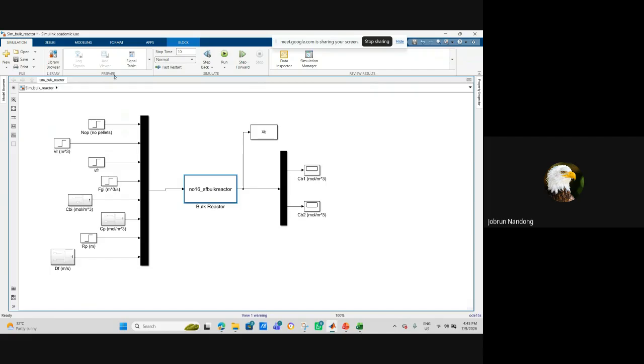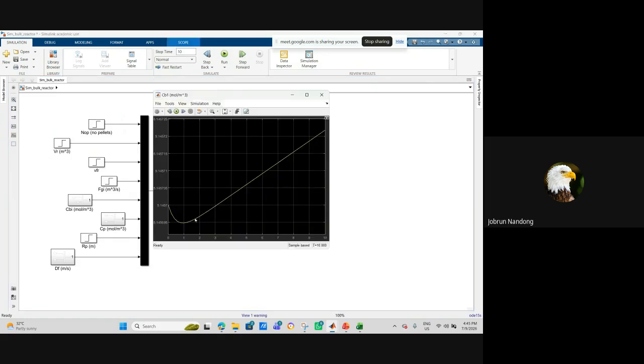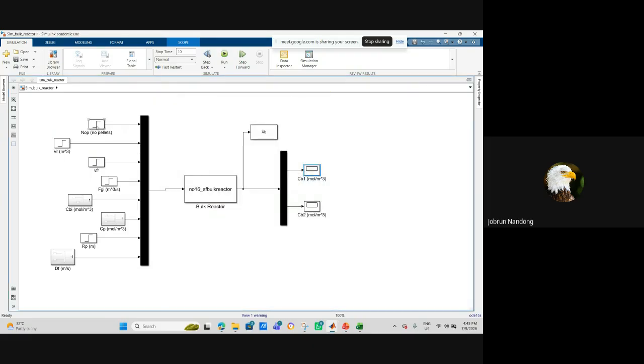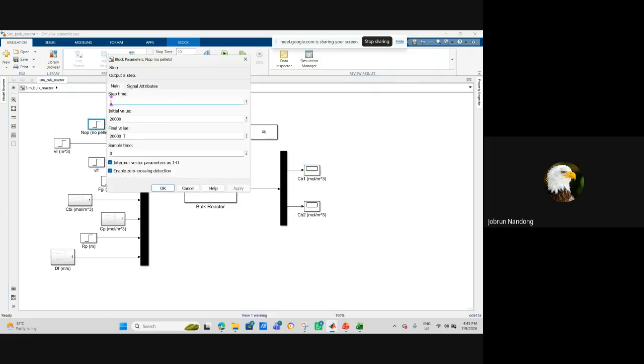Again, this one is a very small change only. Let's test this one, change. Let's say we want to change the number of pellets. Maybe we increase this pellet by maybe 1,000. Let's see whether it has impact or not.